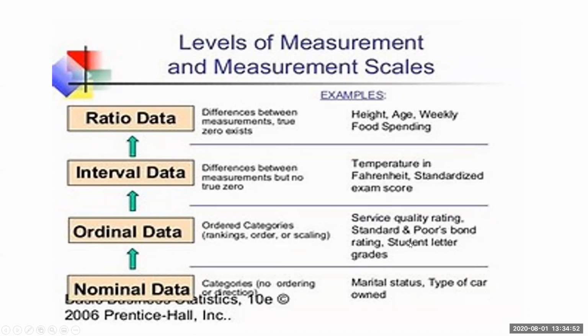Whereas ordinals would be, well, these stock ratings. It says Standard & Poor's here, bond rating. You may be more familiar with Morningstar ratings, where you get 1 star, 2 stars, or these star ratings for restaurants, or letter grades. If you don't know more details about an instructor's grading system, then all you know is, okay, an A is better than a B, but you don't really know how good that is.